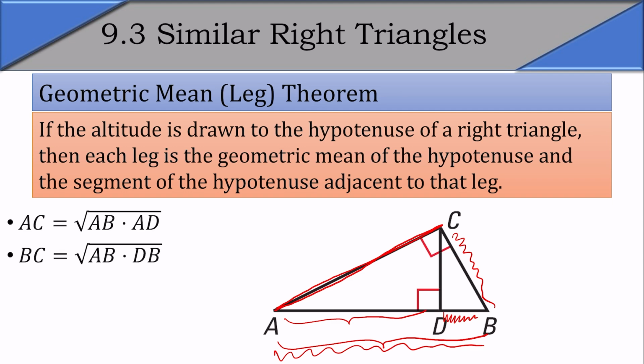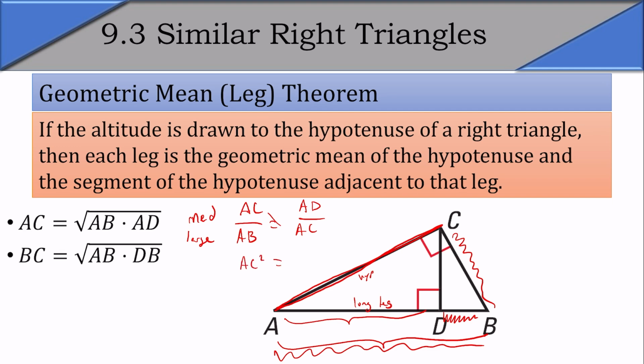Again, these come from just the similar triangles. For example, if I do the medium triangle and the large outside triangle, I can say the hypotenuse of the medium triangle over the hypotenuse of the big triangle equals the long leg of the medium triangle over the long leg of the large triangle, which happens to be AC.